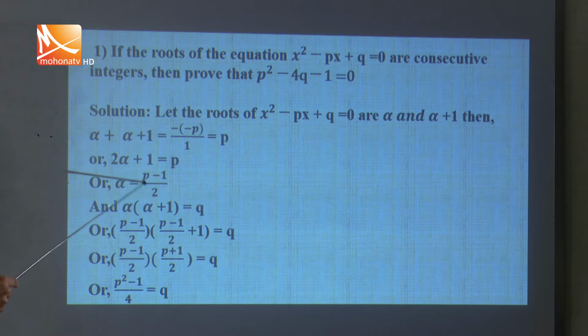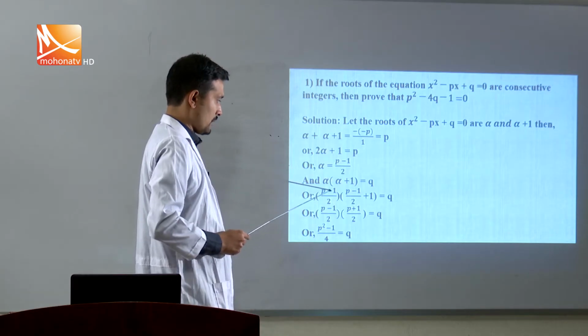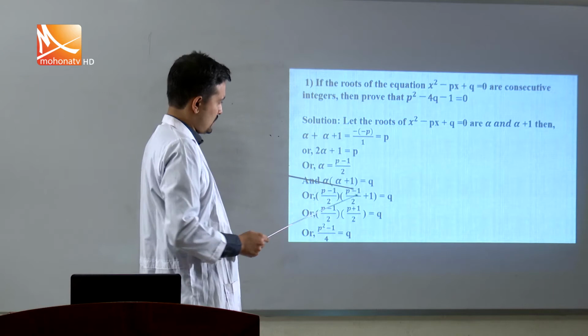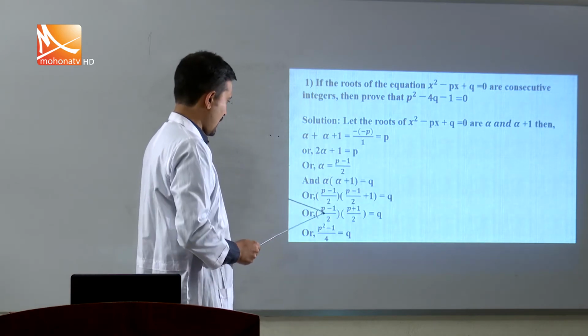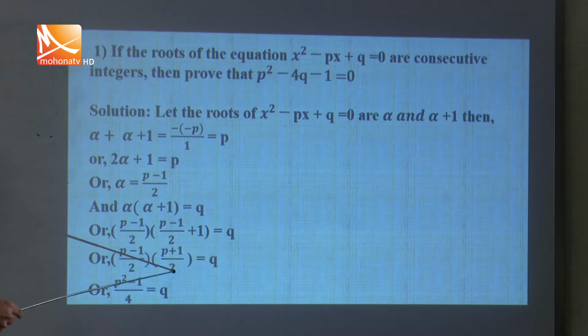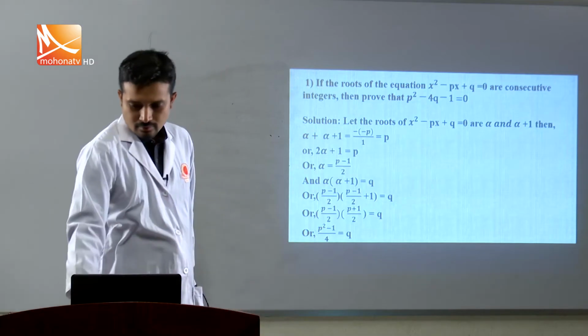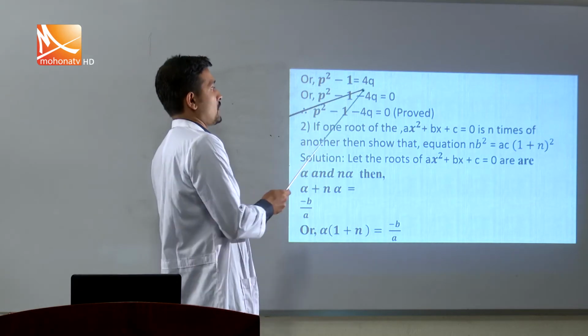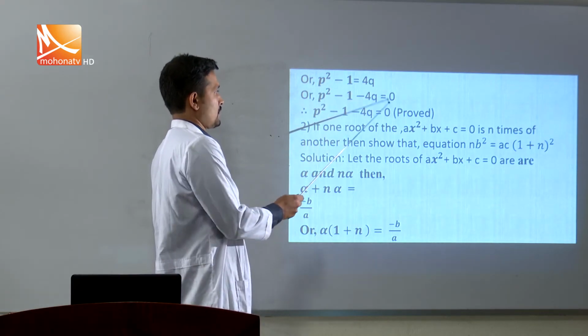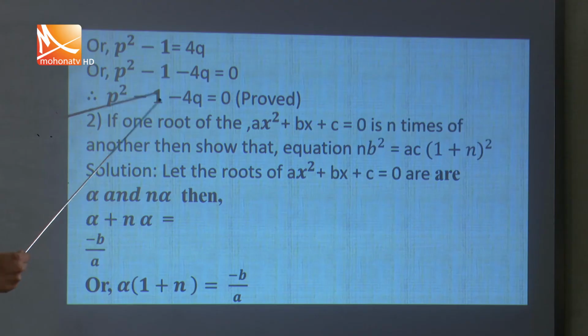Putting the value of alpha, (p − 1)/2, times ((p − 1)/2 + 1) equals q. Taking the LCM 2, (p − 1)/2 times (p + 1)/2 gives (p − 1)(p + 1)/4, which is (p² − 1)/4 equals q. Or p² − 1 = 4q, or p² − 1 − 4q = 0. Therefore p² − 4q − 1 = 0, hence proved.